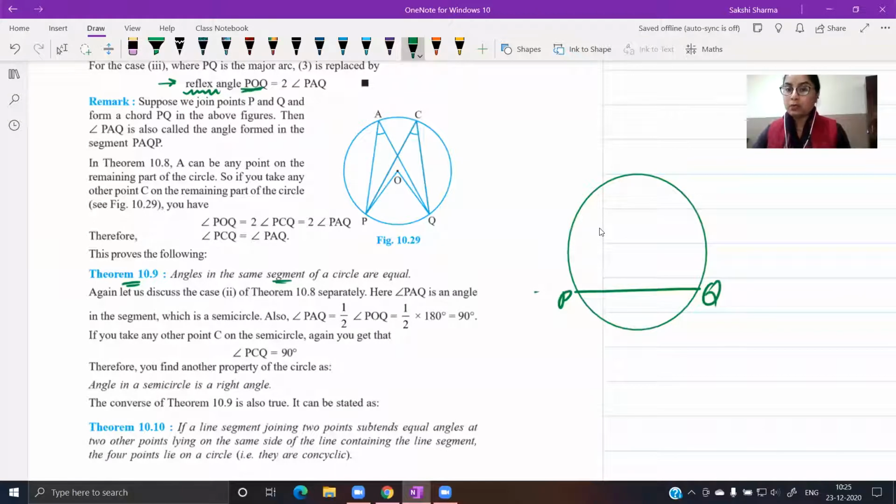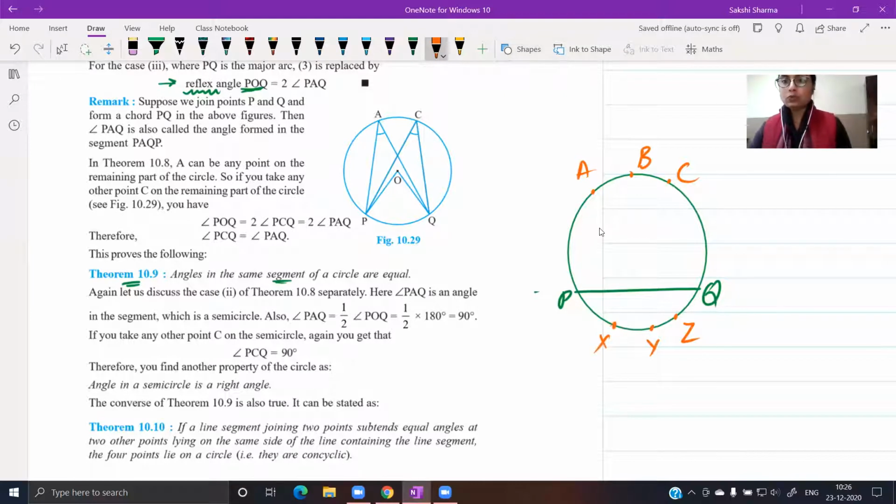Now PQ here is the chord, but you can also say we have arcs PQ formed, a minor arc and a major arc. You can mark angles or try to show the angles. The arc PQ will subtend angles at the points of the two arcs. Let's say there are points A, B, C on this side and X, Y, and Z on this side.